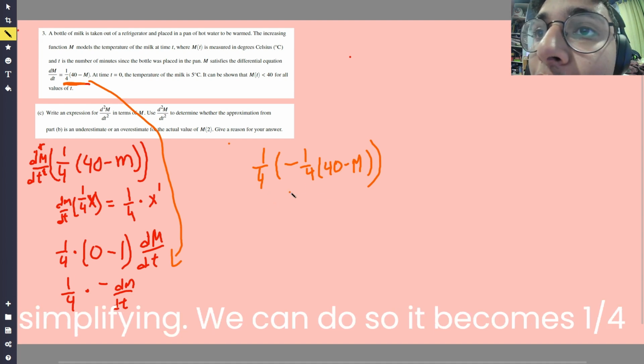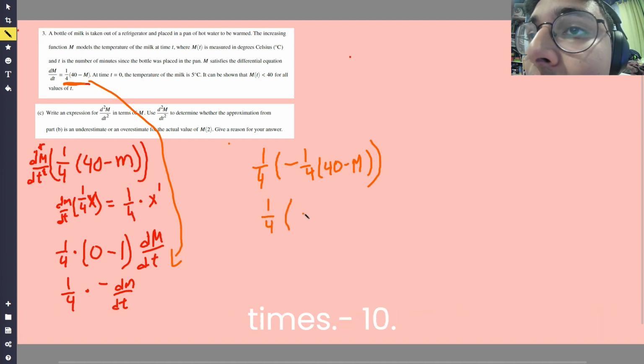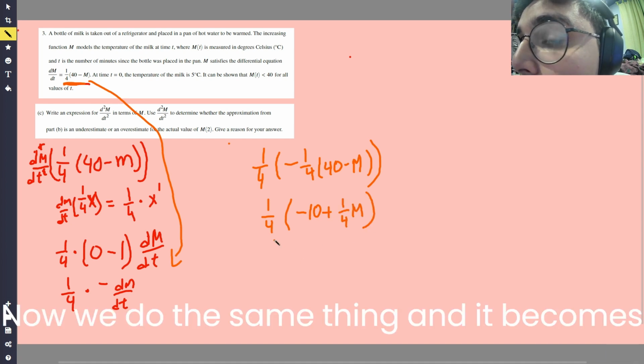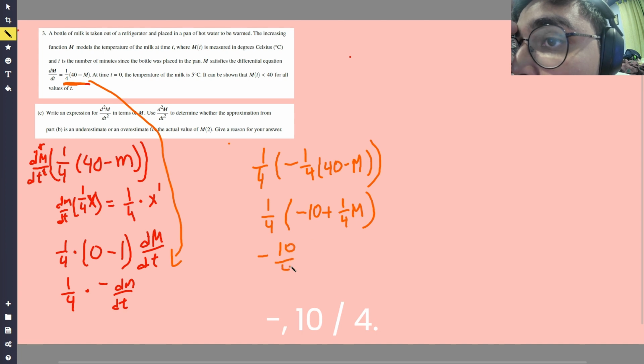Now from here we can do a little bit of simplifying. So it becomes 1/4 times negative 10 plus 1/4 m. Now we do the same thing, and it becomes negative 10 over 4 plus 1/16 m.